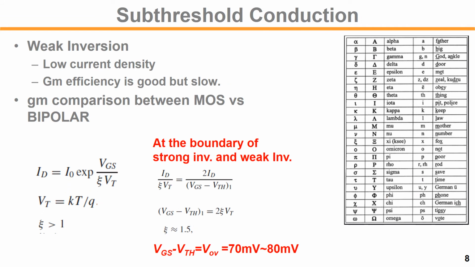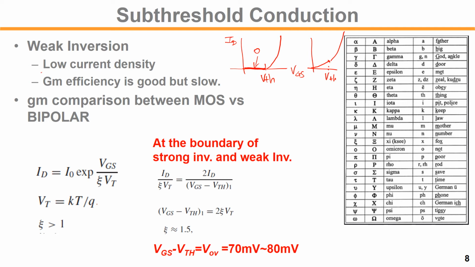In the square law model, the simple model, we just assume that on the ID versus VGS curve, once the VGS is greater than VTH, then current flows. Below the threshold voltage there is 0, but in reality there is a non-zero current flowing below threshold.